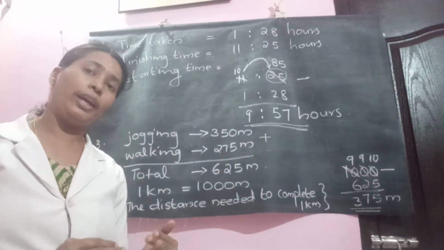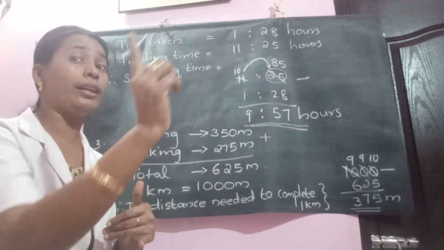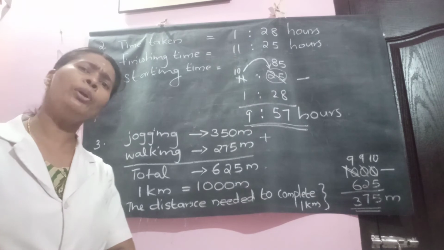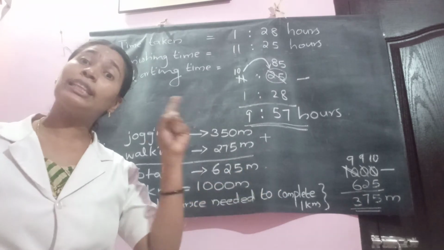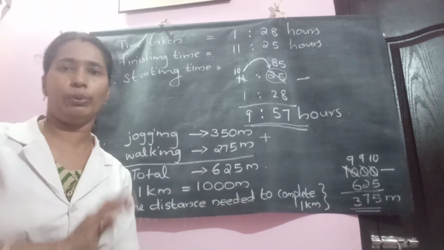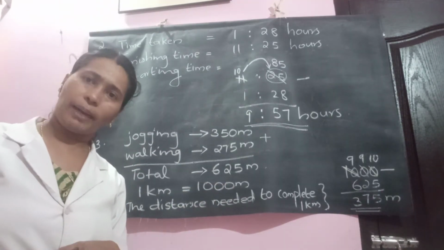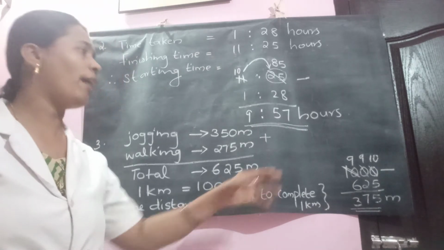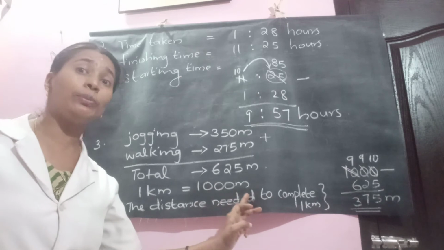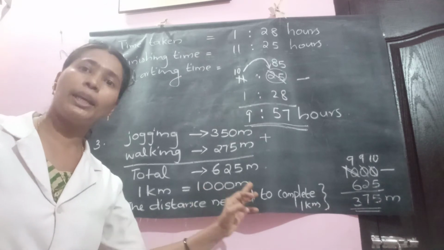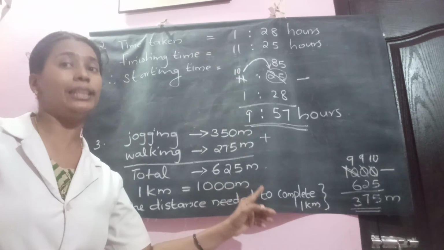Then we have to find out the remaining distance to reach 1 kilometer. How do you calculate? The unit is meter, and 1 kilometer is kilometer. Both are different units, and different units we can't add or subtract. So what we do? 1 kilometer we can write as 1000 meter.